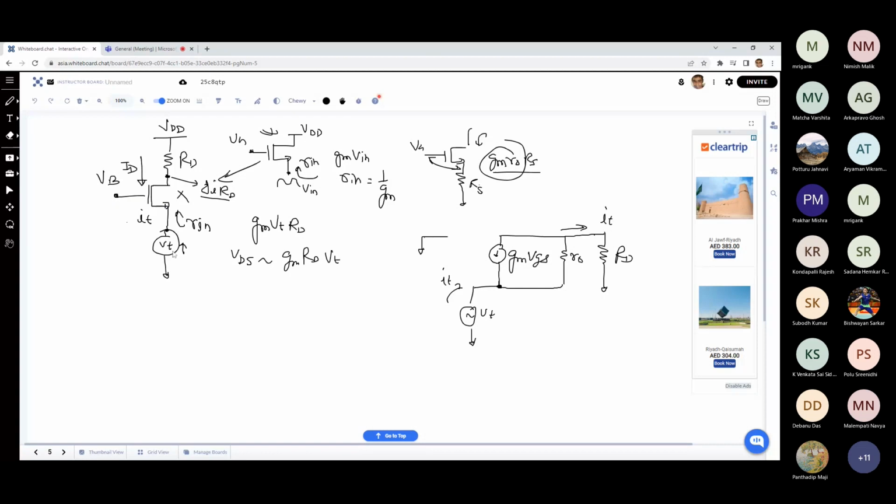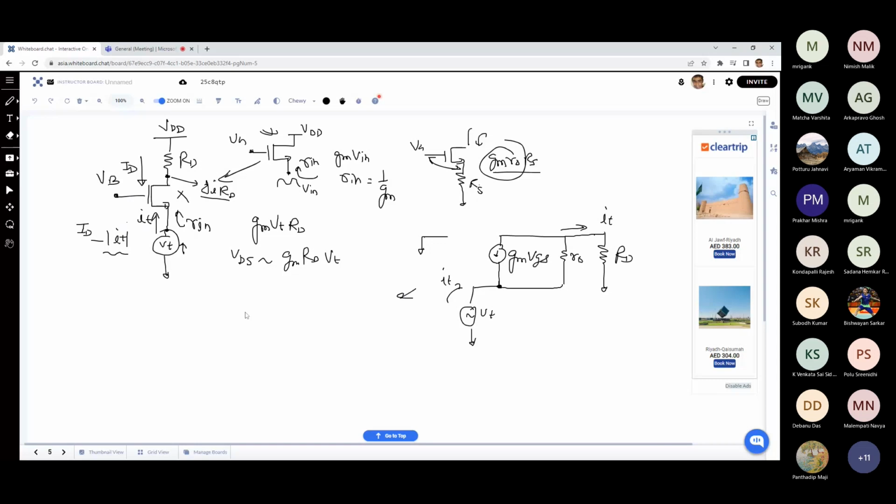The small signal input current is positive in this direction because VT is increasing. We are trying to reduce VGS, and that leads to a reduction. So the net MOSFET current will be ID minus the magnitude of IT. To avoid confusion, if I talk about the absolute value of the small signal current, the MOSFET current reduces by ID minus mod IT. IT is anyway positive.